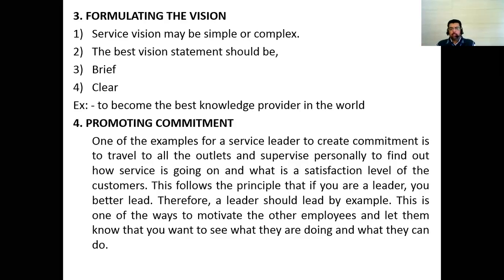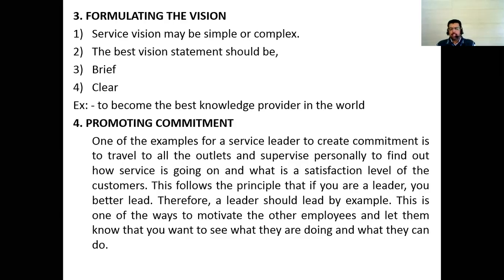Then the fourth point is promoting commitment: how you are going to promote yourself and any commitments taken. One example for a service leader to create commitment is to travel to all the outlets and supervise personally to find out how service is going and what the satisfaction level of the customers is.